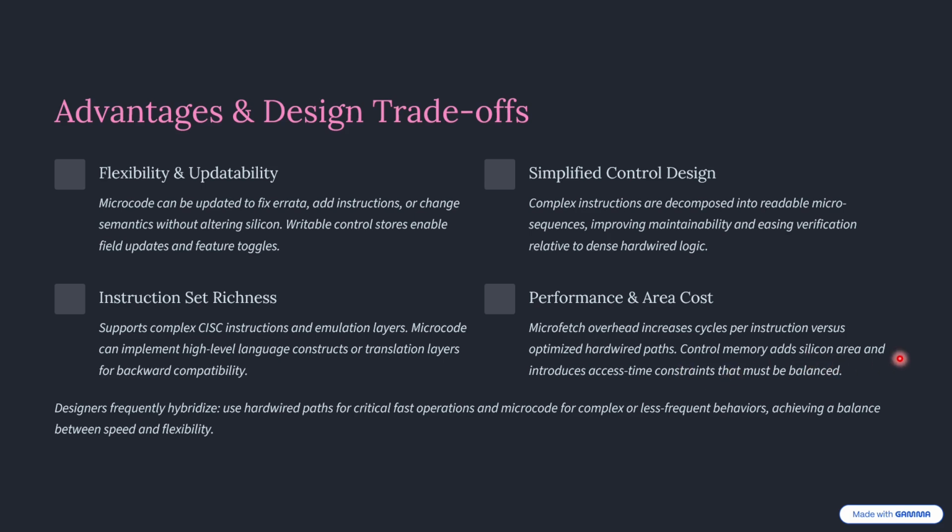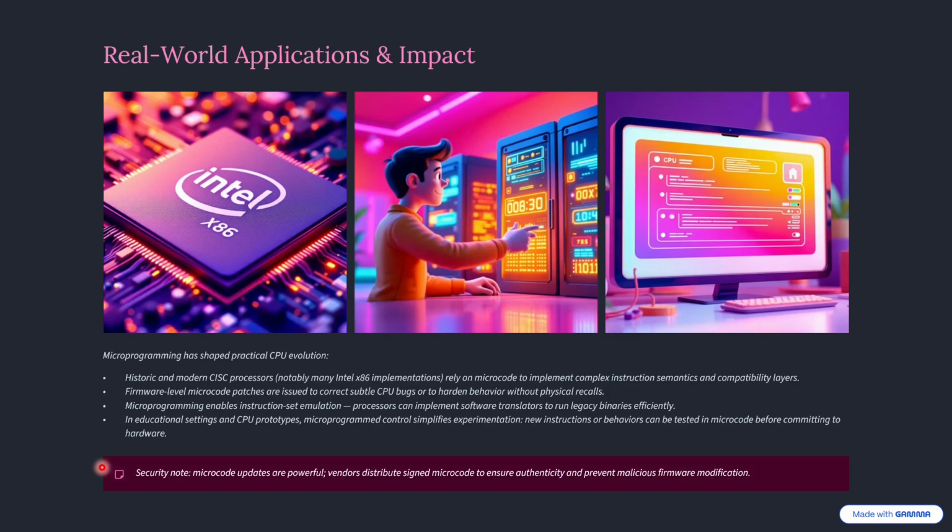Control memory adds silicon area and introduces access time constraints that must be balanced. Designers frequently use hardwired paths for the fast critical operations and microcode for the complex or less frequent behaviors, achieving a balance between speed and flexibility.